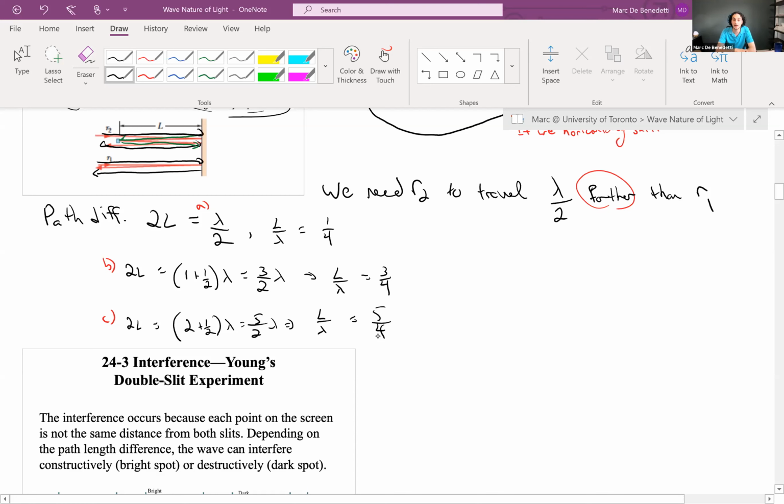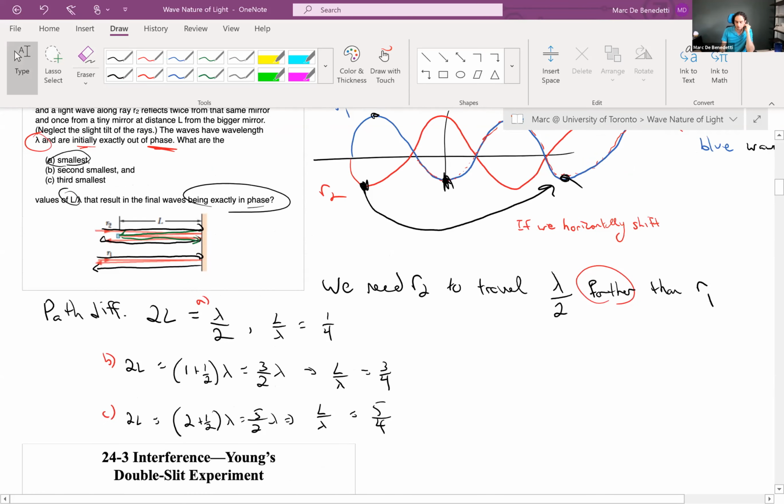Okay, so assuming we have lambda, say we're using red light. Red light would have maybe about 700 nanometers of wavelength. We'll talk about that later on, so I know I'm just dropping that on you, but anyway, if you had lambda, you could reverse engineer what L would have to be, and that's a way for you to manipulate these light sources to be either in phase or out of phase. So this question is building on what it means to superimpose.